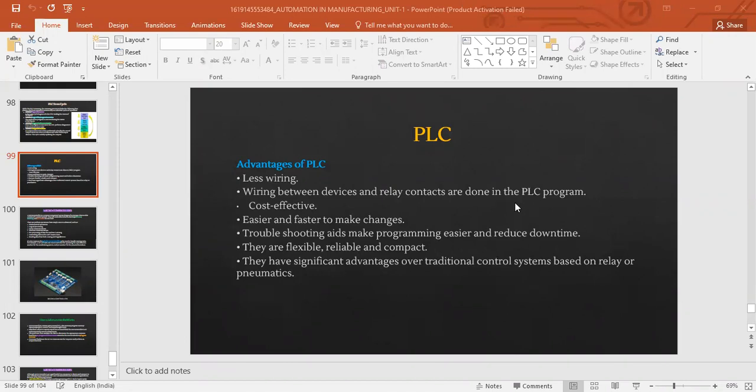Yes. Initially we saw that for the PLC operation, and it also mentioned the relays, right? So that was your PLC. Okay.